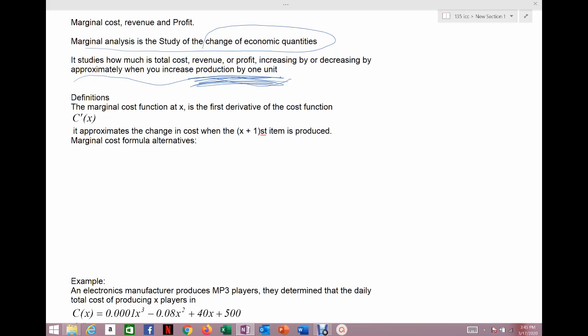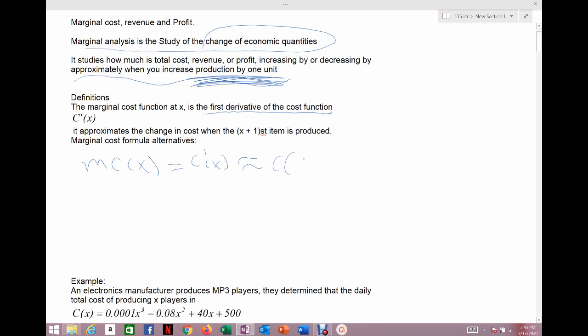Alright, marginal cost function. It's just an application of the first derivative. When we find the marginal cost, which I'm going to label capital C prime of x, it's the derivative of the cost function, and what it does, it approximates the change in cost when we go from producing x, where we're currently level, to x plus 1.